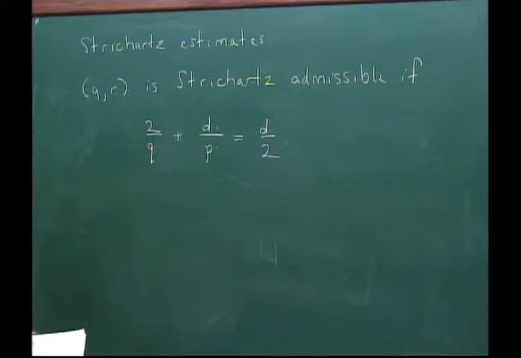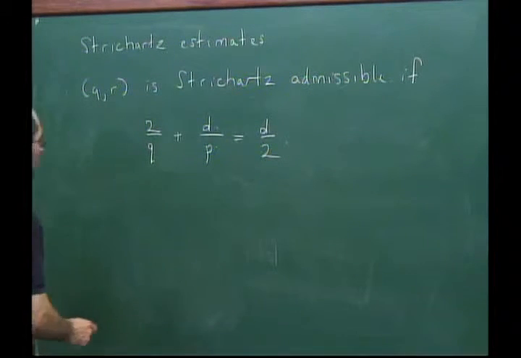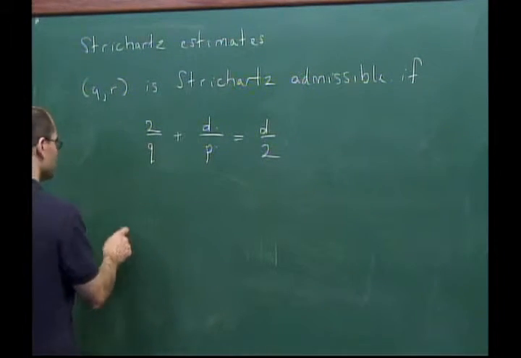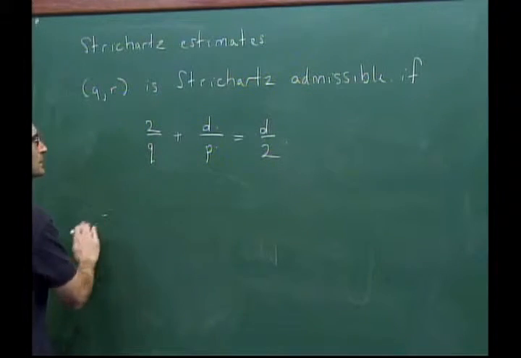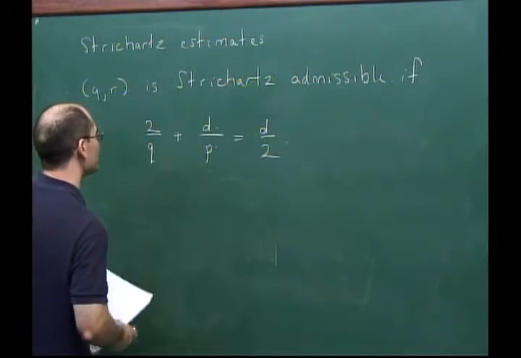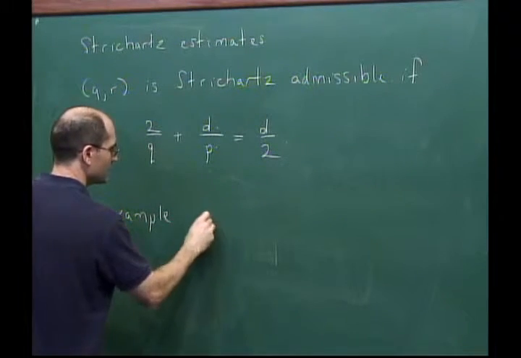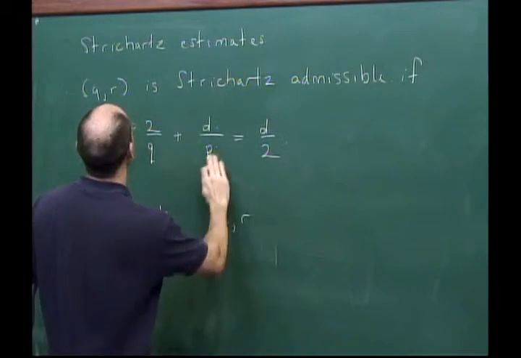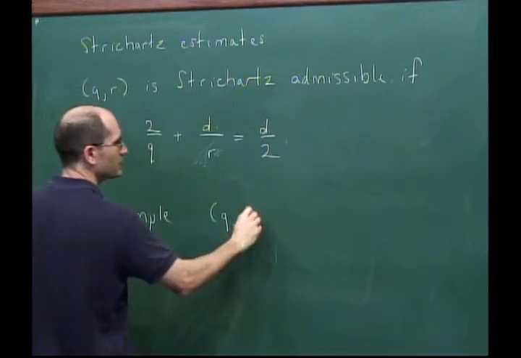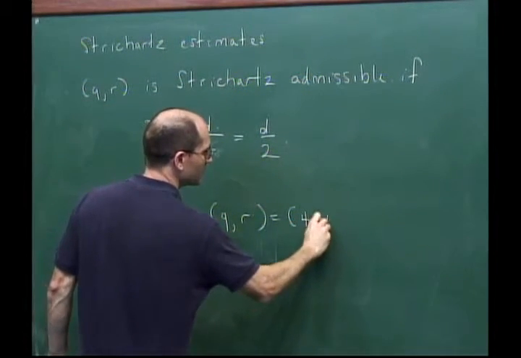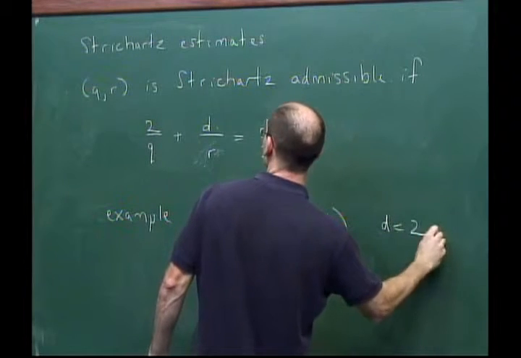So, for example, what is an example? An example would be q, r equal to 4, 4 when d is equal to 2.